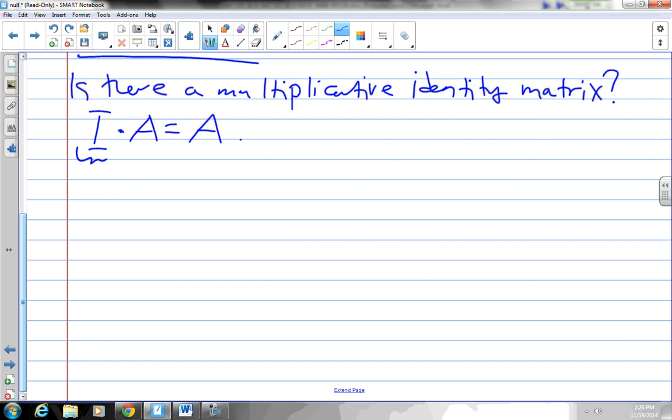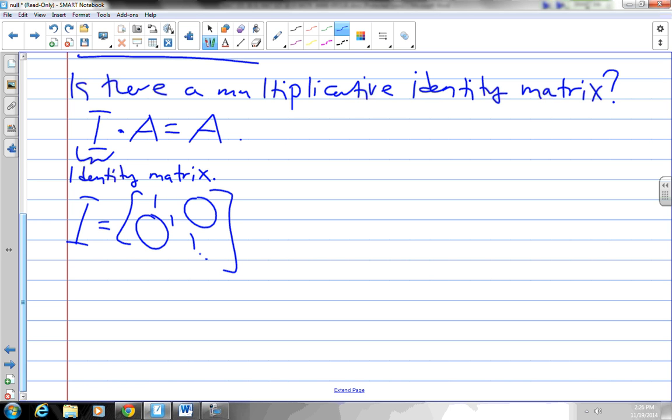So I is the identity matrix. And I already used that term. Didn't I drop a term identity matrix? That's the one that just has ones in the diagonal and zeros everywhere. However many ones, and it is always n by n. It's always a square. So if I multiply any matrix by that identity matrix, I should get my A back.